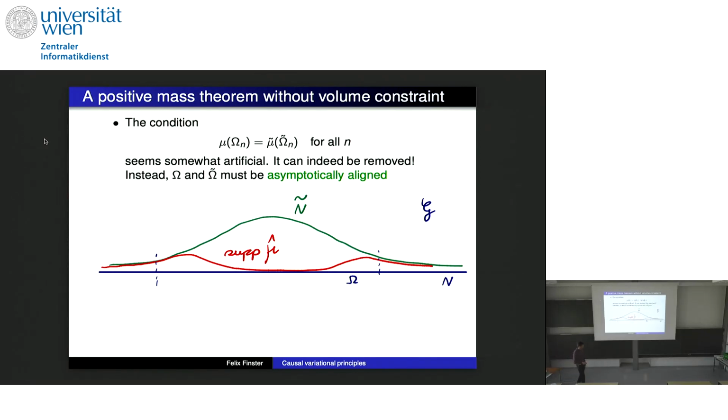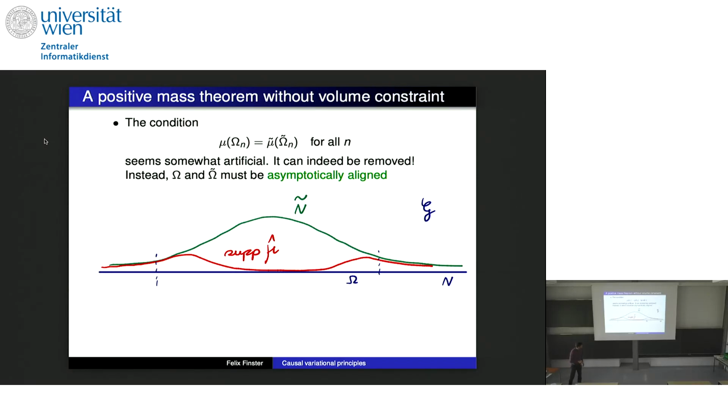But maybe before explaining this, I want to show another application of this, namely in this work with Andreas Platzer. In what I showed you so far, we have to satisfy this volume constraint. And this is a bit artificial because if you think of the ADM mass, this is defined only via the data on big surfaces or on the boundary of big sets, but the interior volume never comes into play.